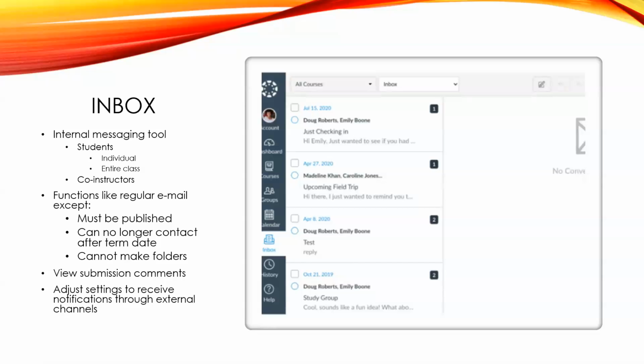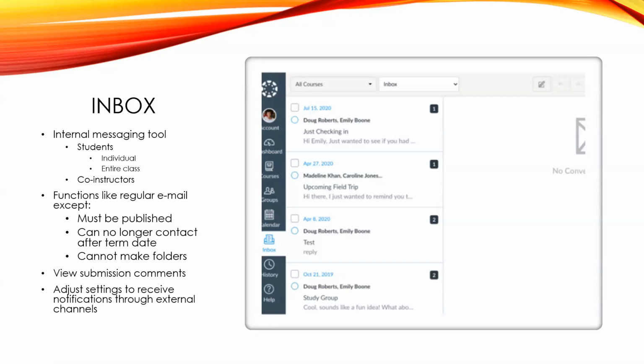It functions like a regular email, except that you have to have the course published in order to contact anybody assigned to that course. Once the term date has ended, you can no longer contact anybody associated with the course, and you cannot make folders.